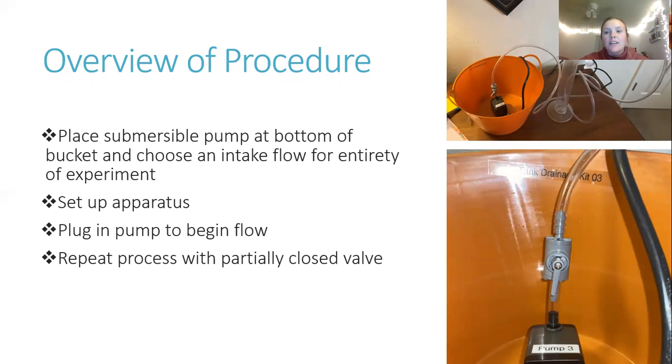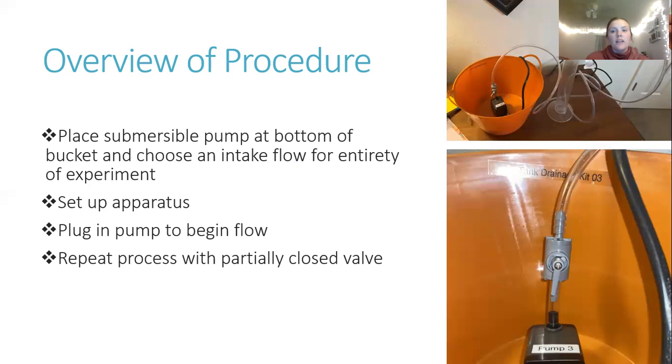Then you're going to take one short tube and connect it to this valve fitting, and then connect the long tube to the other end of this valve fitting, and then place the end of the long tube in a graduated cylinder. Hannah's going to talk in the next slide about what you're going to record in this.